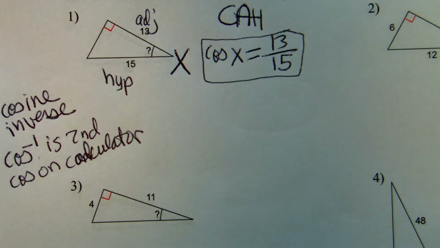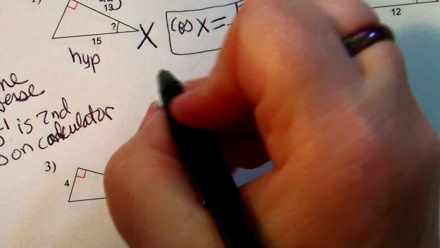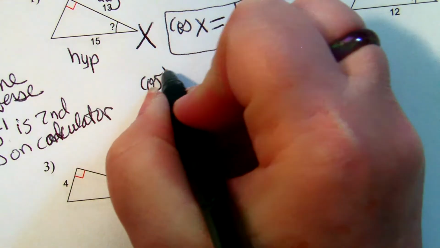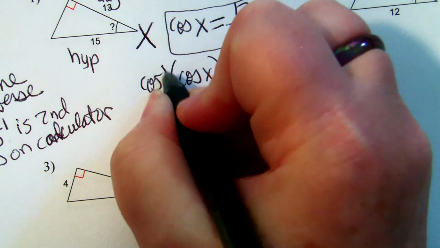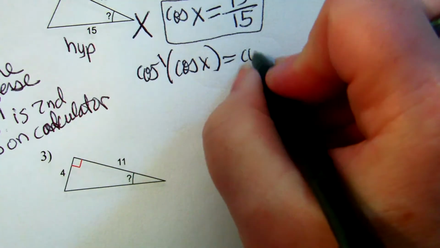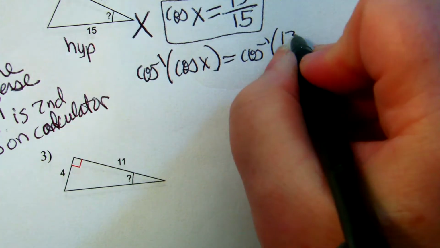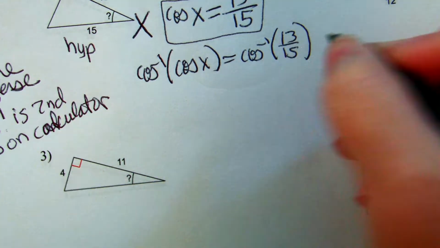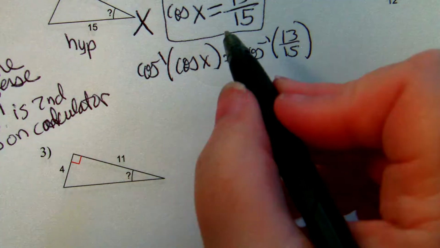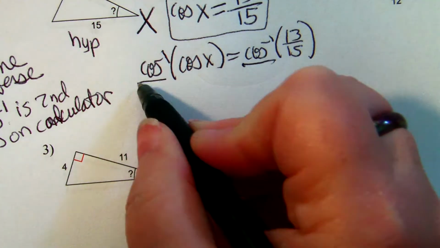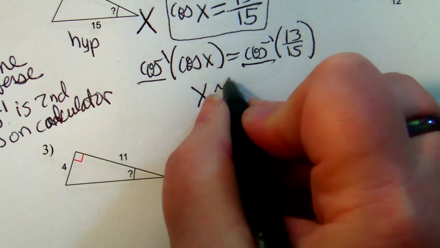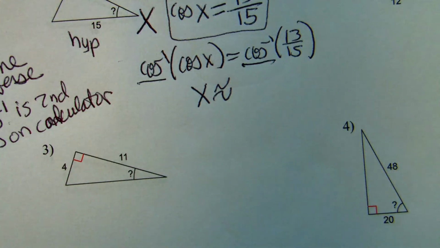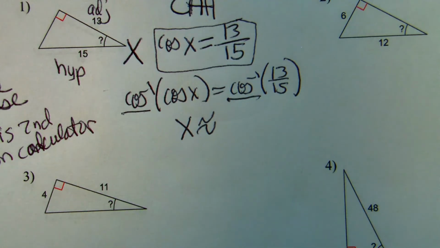So to cancel out cosine, you have to do cosine inverse of cosine x, and they'll cancel. If you do cosine inverse on one side, you have to do cosine inverse on the other side as well. So you're taking the cosine inverse of both sides, and you have to show this. They cancel, and you get x is approximately cosine inverse of 13 over 15.